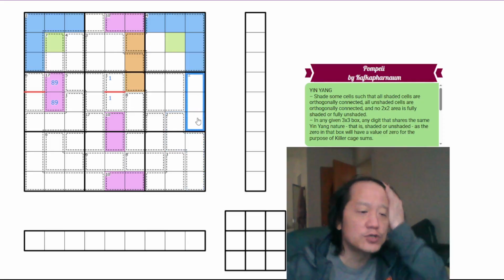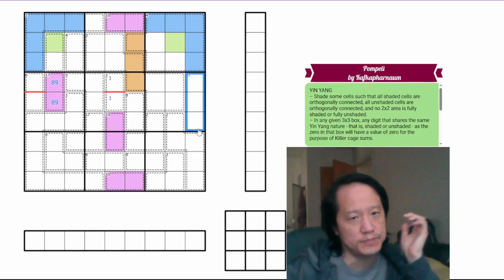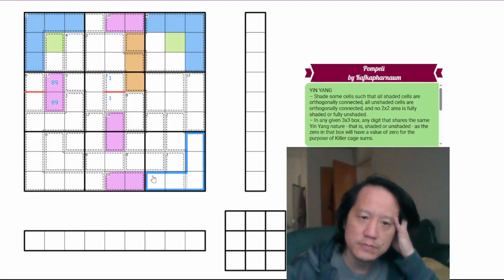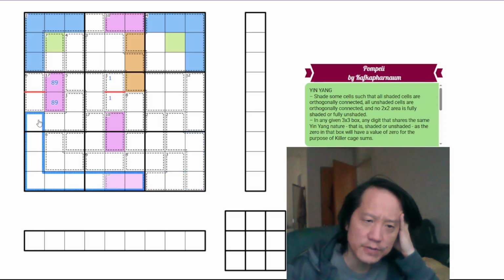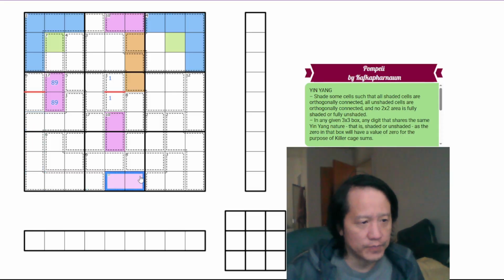At least 2 of them must have a value. Yeah, I think it was something with this, right? Oh, these have value. So these have value.